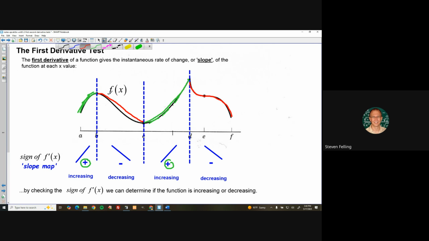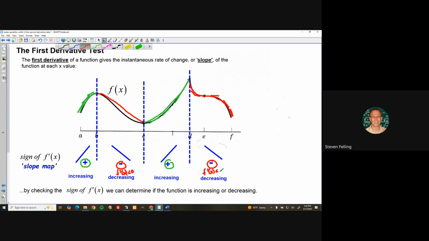The first derivative, where we have a place where the function is going down, those would all have negative slopes. So there's a negative slope tangent line, negative slope tangent line, and so on, right? So we would have a negative first derivative, where we would say the first derivative f prime of x is less than 0 in these locations.